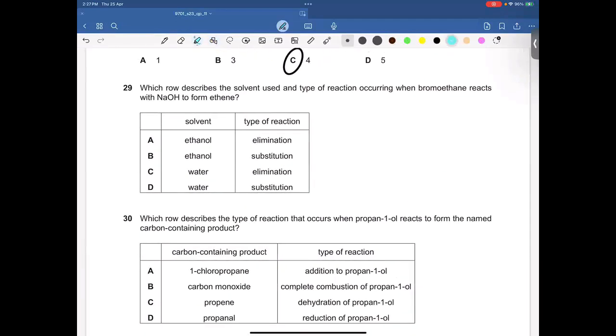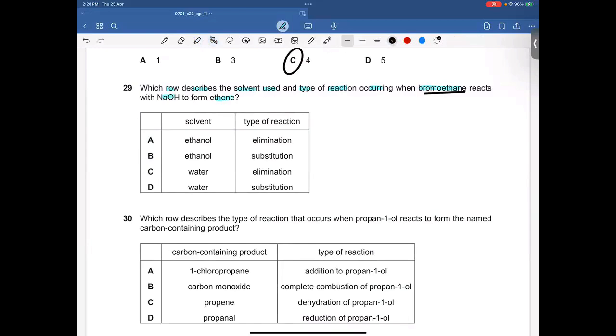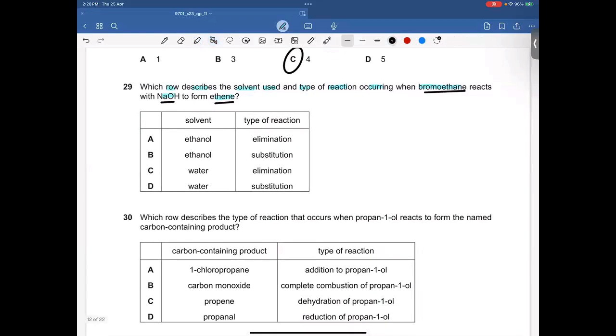Okay. Which row describes the solvent used and type of reaction occurring when bromoethane reacts with NaOH to form ethene? When an alkyl halide undergoes a reaction with NaOH and an alkene is formed, this reaction is called elimination. Whenever an alkyl halide undergoes elimination, an alkene is formed.